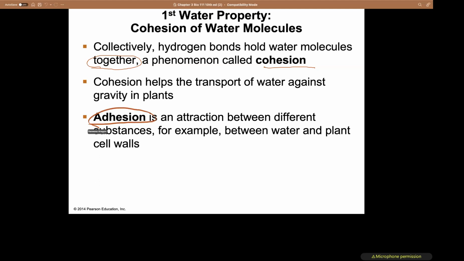Adhesion is when water molecules are attracted to other substances and molecules, so water molecules will adhere to surfaces. And that's the difference. The reason why is because of those hydrogen bonds, and those hydrogen bonds are made possible because water is polar.